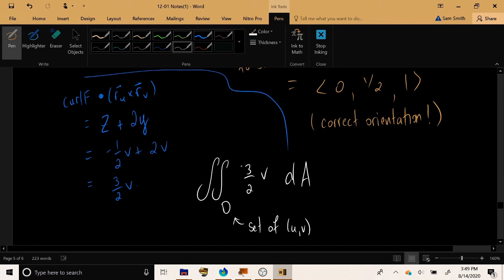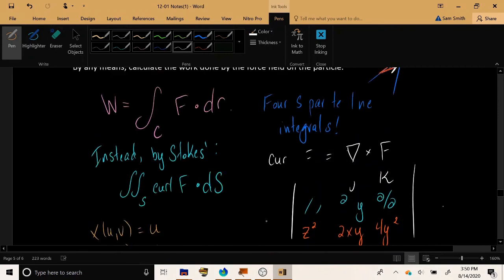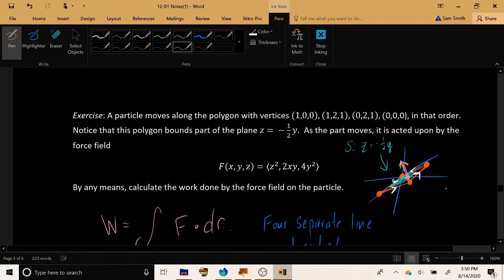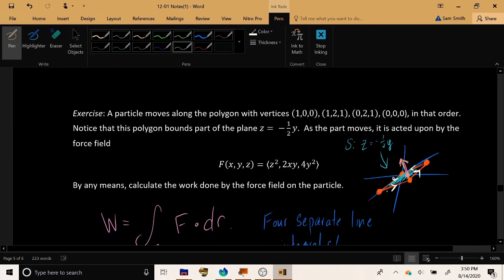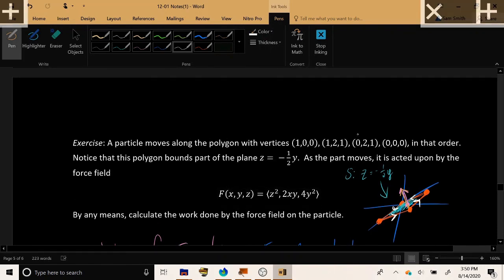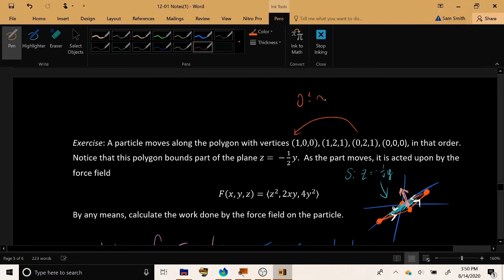And in order to calculate that, we're going to have to rewrite this as a double integral. Now let's look at this plane and think about the set of u's and v's, x's and y's, which would be valid here. We have this slanted rectangle, so to speak, and we have x coordinates which are running from 0 to 1. And since x is being represented by u, that likewise is going to be the range of values for u.